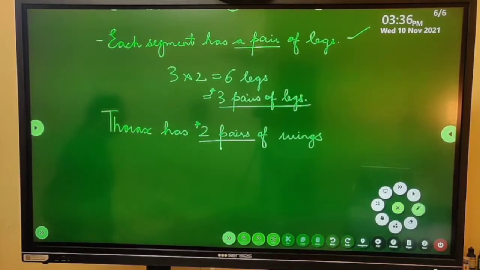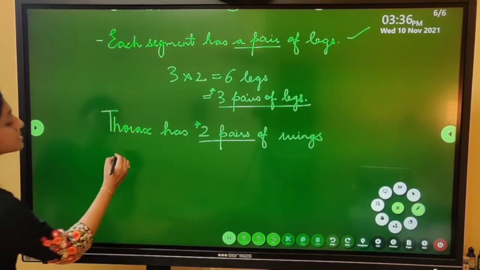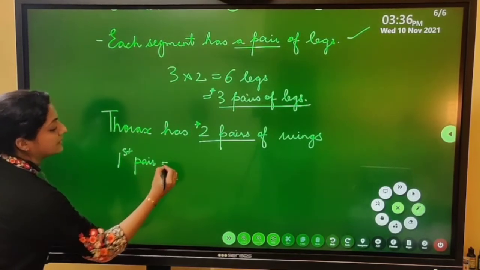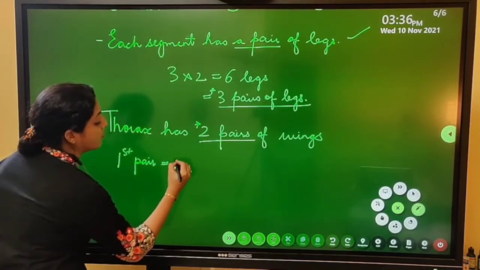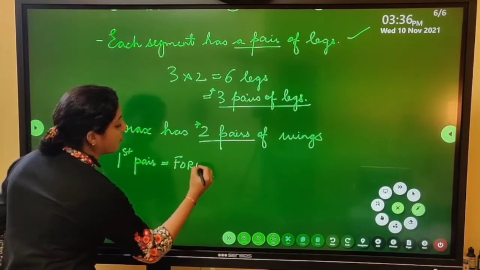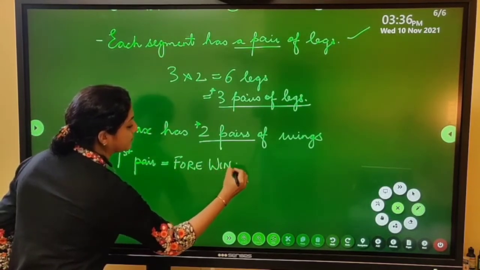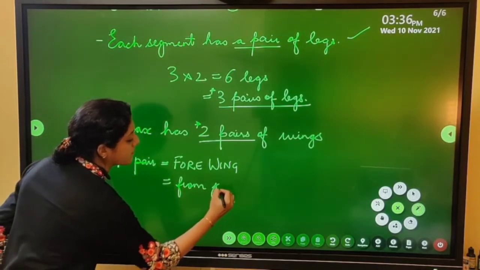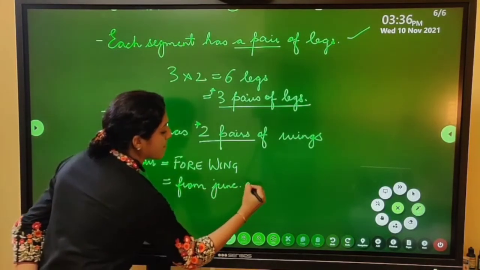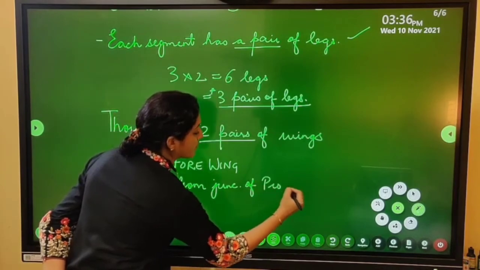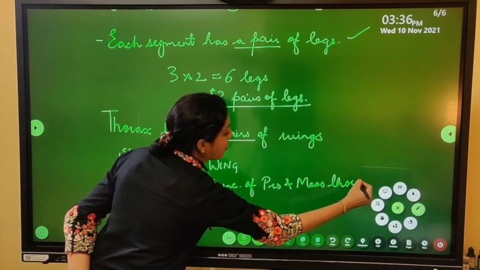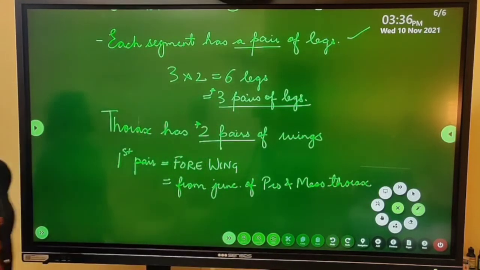Alright. तो अब ये कहाँ रहेंगे? So the first pair of wings, that is the forewing, is from the junction of pro and mesothorax.